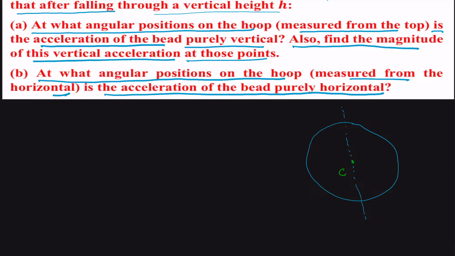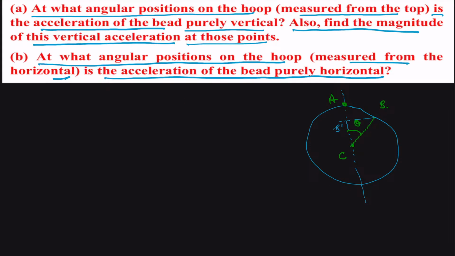The small bead initially is at position A, and after some time, let us suppose it is at position B, having moved by an angle theta with respect to the vertical from the topmost point. From B, let us draw a perpendicular to AC, and call the foot B prime.